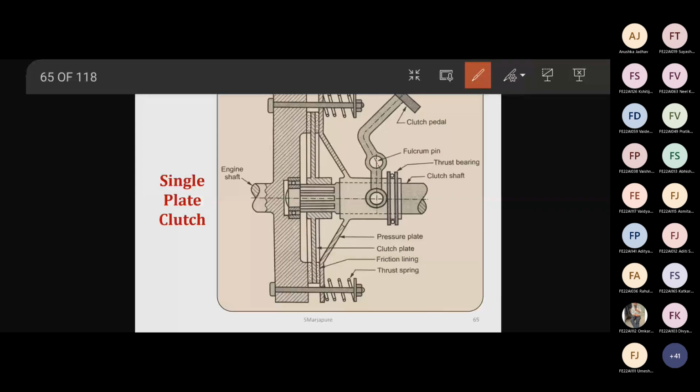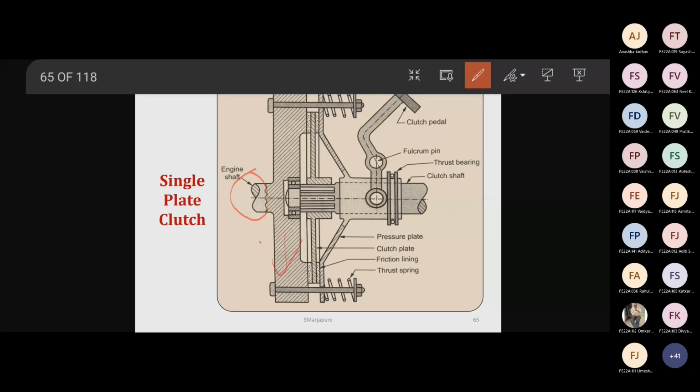Now see here, this is the engine shaft, and this is the flywheel, which is connected to the output shaft of the engine. So the flywheel is rotating. Now from the engine shaft, our aim is to transfer power to the gearbox, but in between engine and gearbox, there is a clutch.